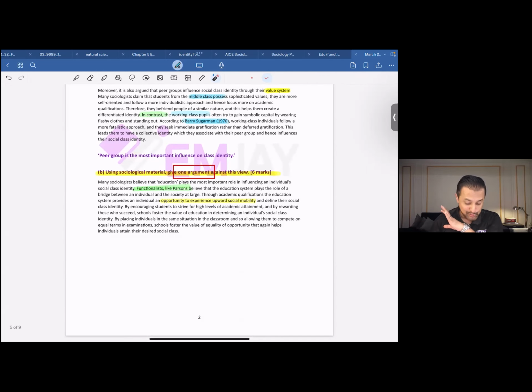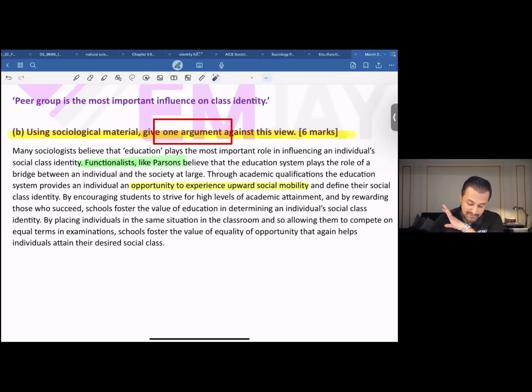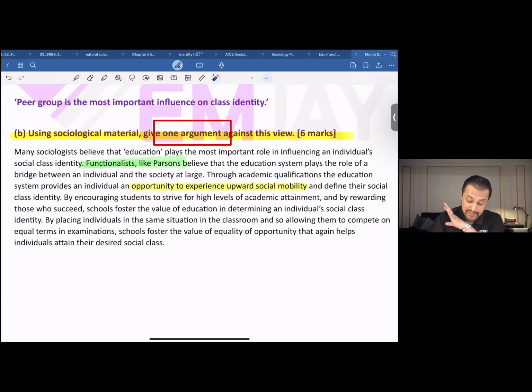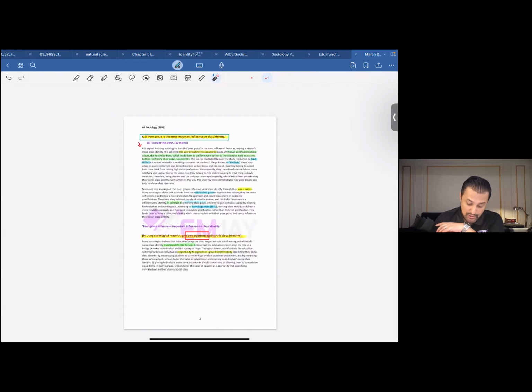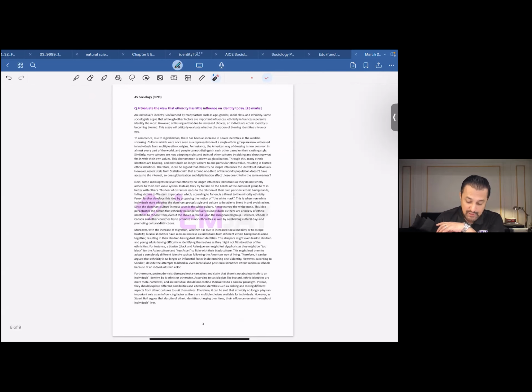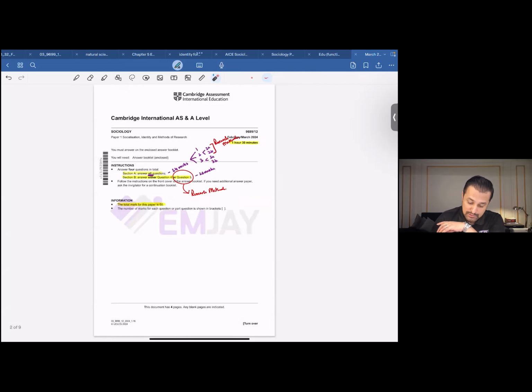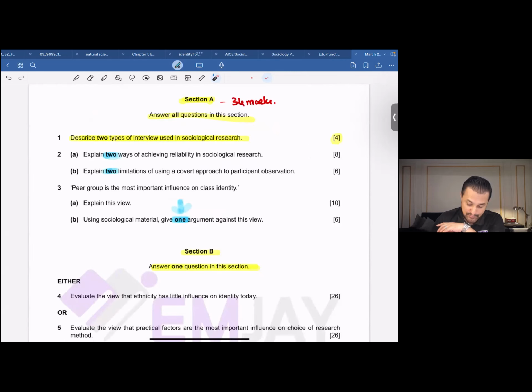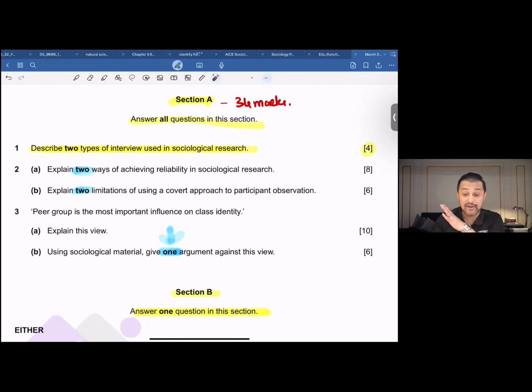And then we took a U-turn and started writing about how the education system plays the most important role in influencing your social class identity and not your peer group. So this was question number 1, question number 2, and question number 3. Let me remind you all, these 3 questions that we just spoke about, that I tried explaining to you.